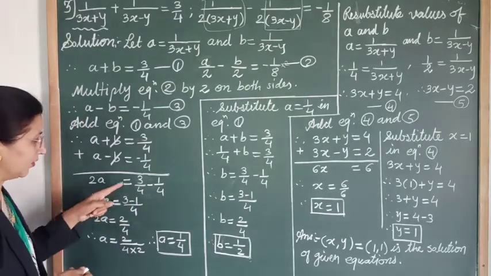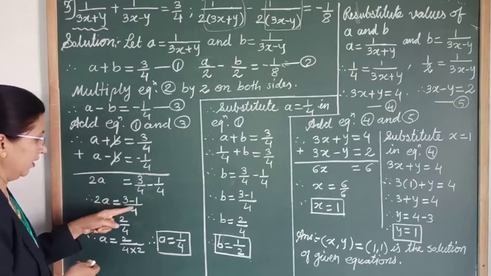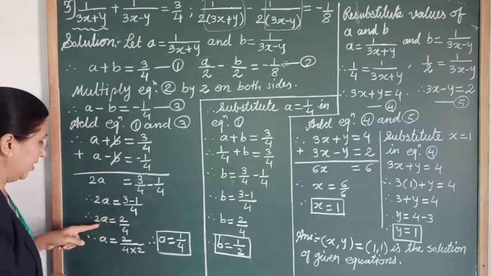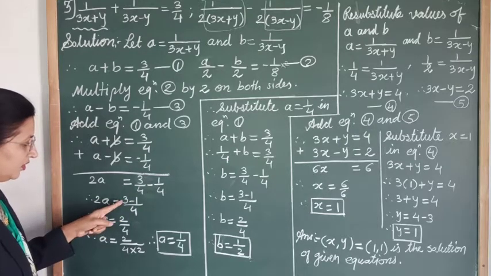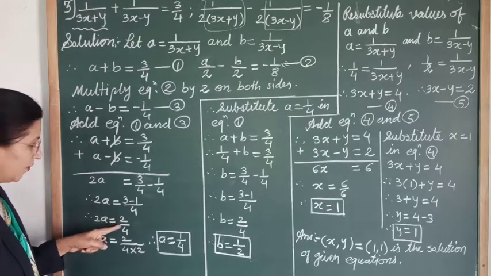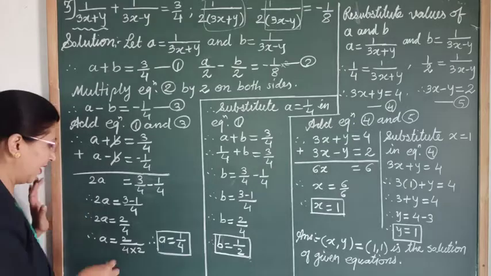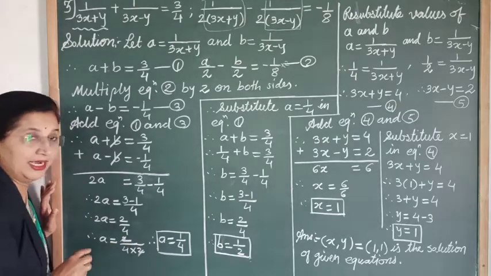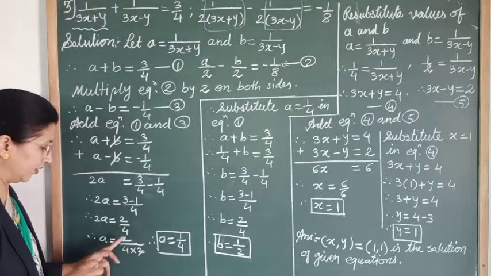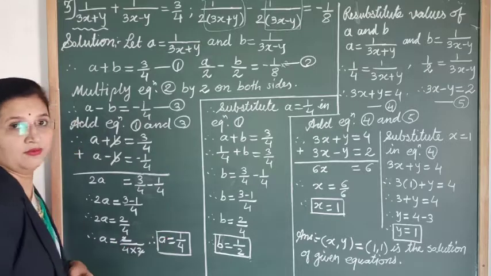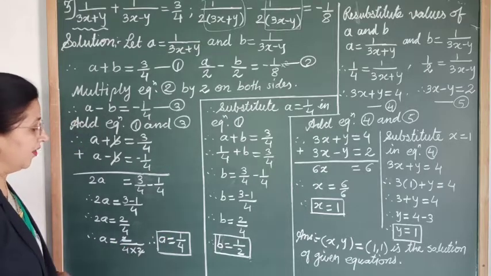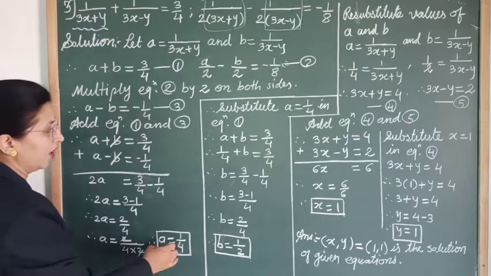So 2a is equal to 3 minus 1 upon 4, that is 2 upon 4. This 2 is multiplying, it will divide, and this 2 will get cancelled. So we will get a is equal to 1 upon 4. In this way we got the value of a as 1 upon 4.